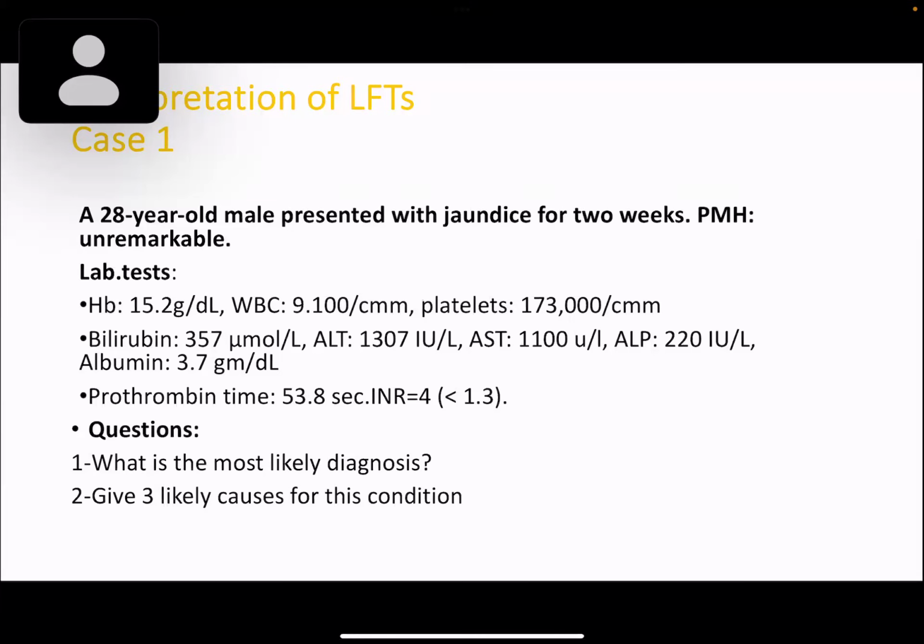Prothrombin time 53.8, that is to say an INR of 4. So can you suggest a likely diagnosis? From this, are we dealing with acute or chronic liver disease? What do you think?